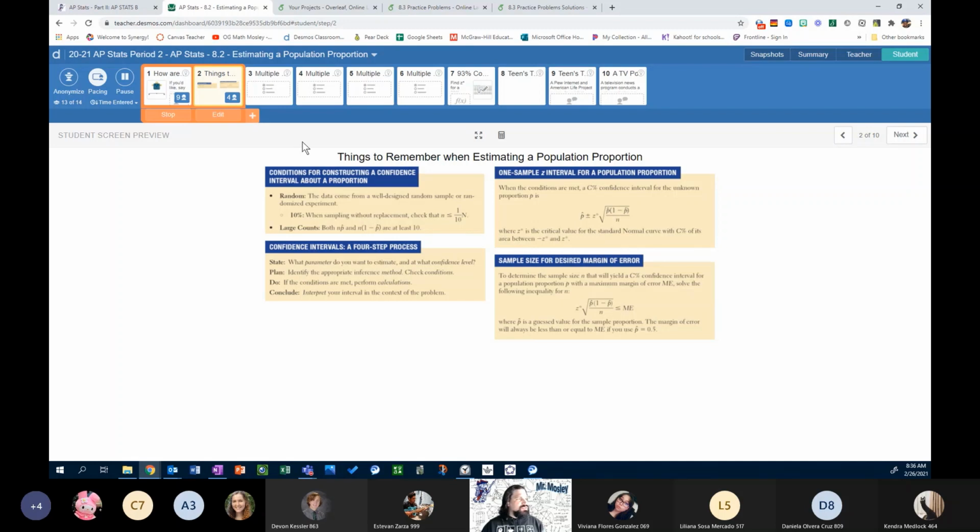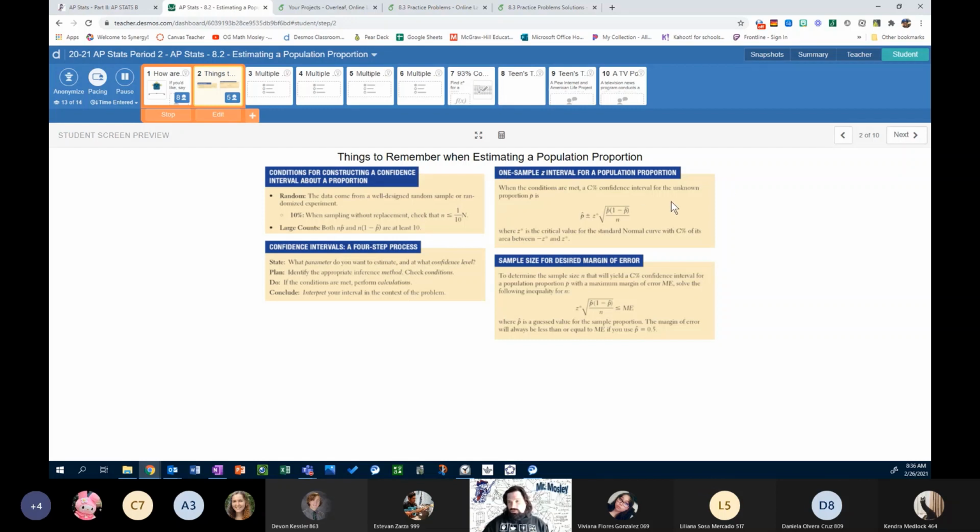So we have our conditions for constructing a confidence interval: random, 10%, and large counts. Our 4-step process for confidence intervals, right? State, plan, do, conclude. Those 4 steps are important. We should do them every time we do a confidence interval. A 1-sample z interval for population proportion is our inference method that we learned yesterday.